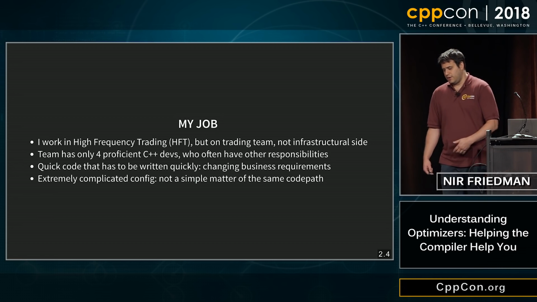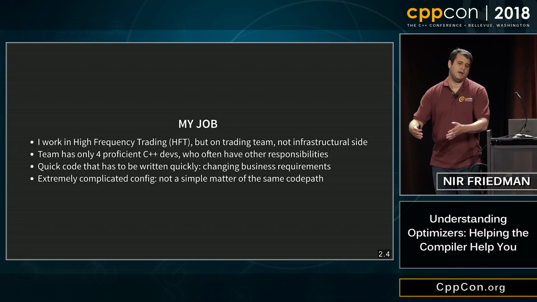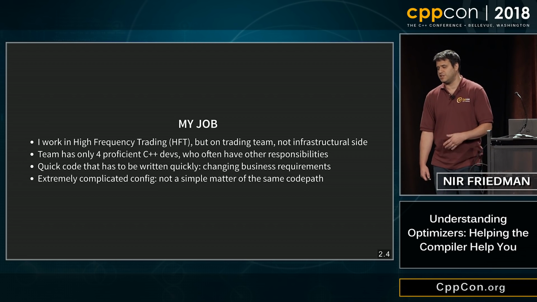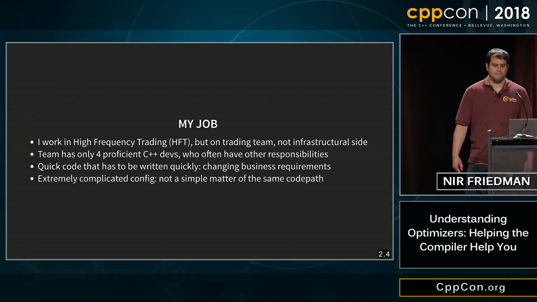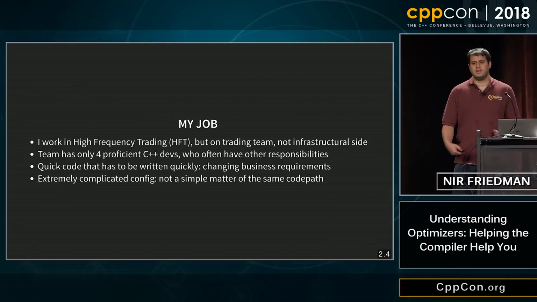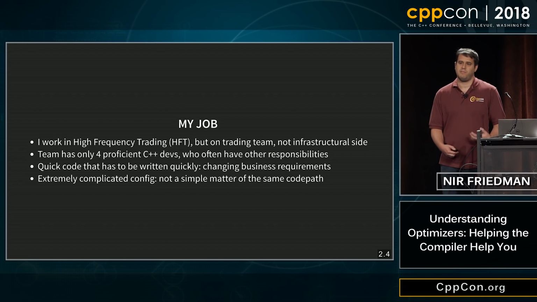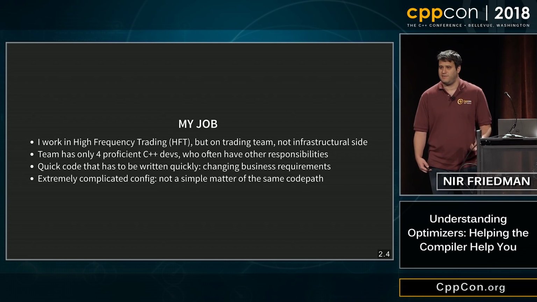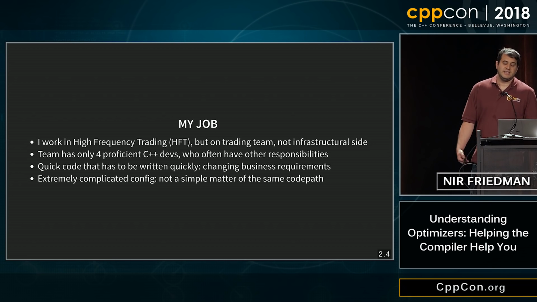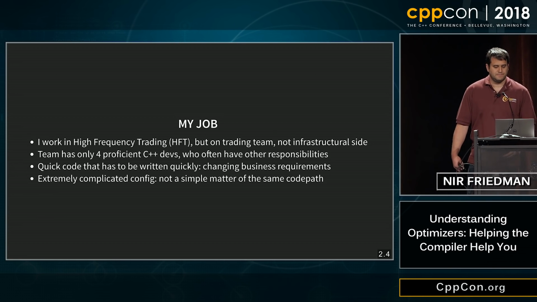I mean, there have been times when we said, hey, let's optimize this, and 6 months go by, and we just don't have a chance. We don't have time. So you need to write fast code quickly. You may not have all the time in the world to sit there and benchmark all the different cases. You need a good intuition about what is likely to be fast. Or at least some intuition, maybe not a good one.